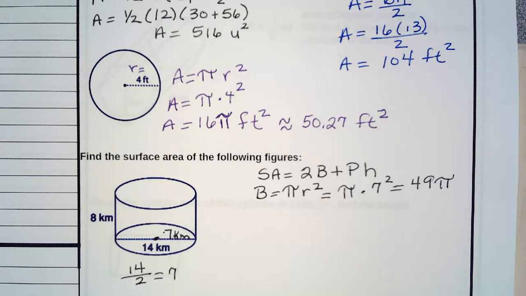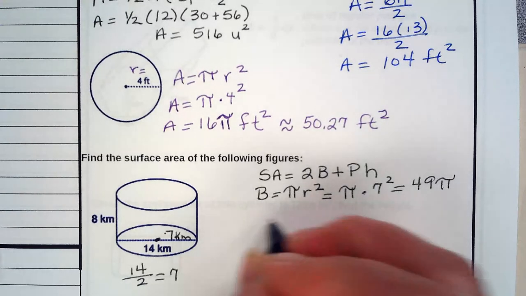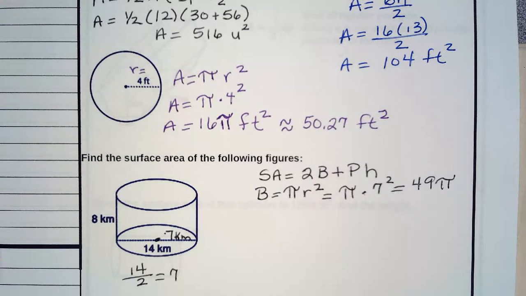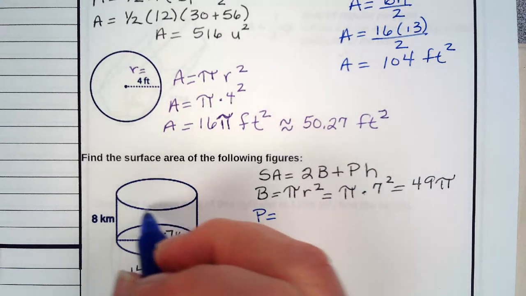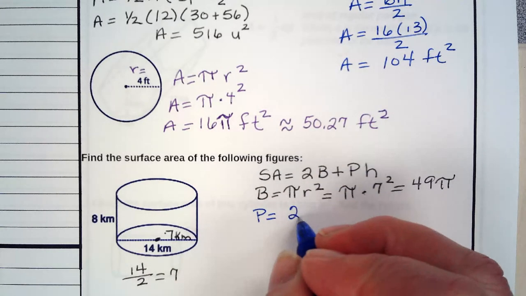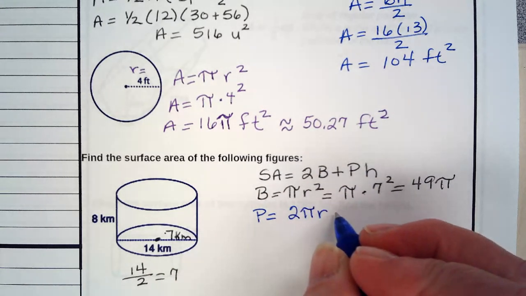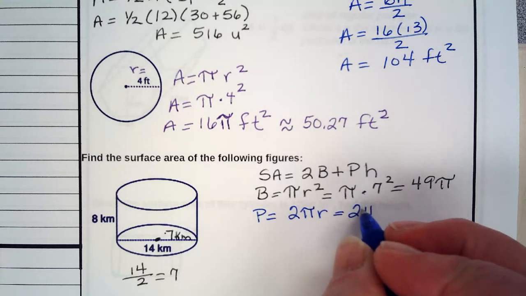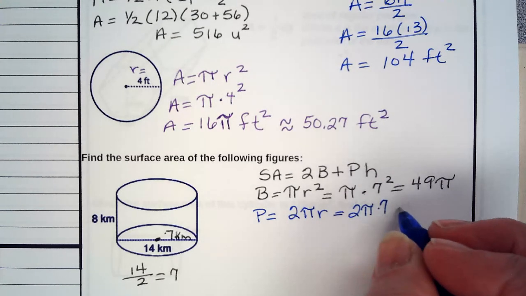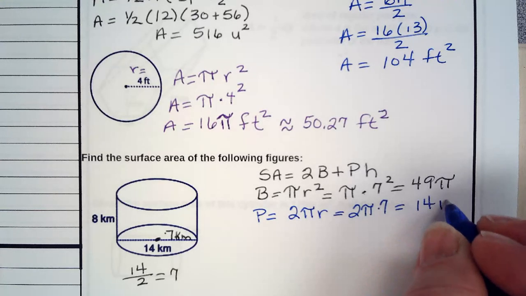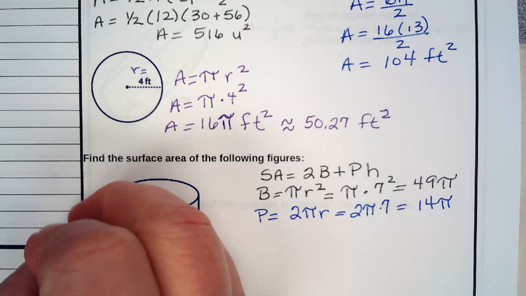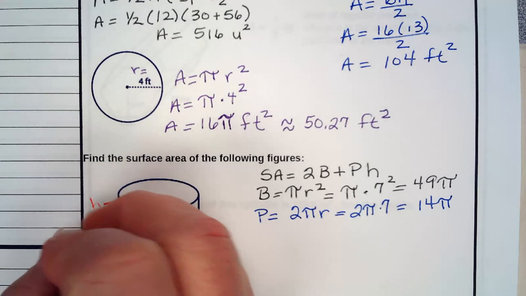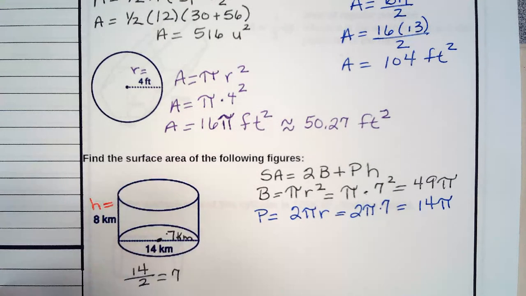For my perimeter, it is the circumference of that circle. So it is 2 pi r, which is 2 times pi times 7, which is 14 pi. Now, the last thing we need is our height, the height of the cylinder. The height of the cylinder is 8.